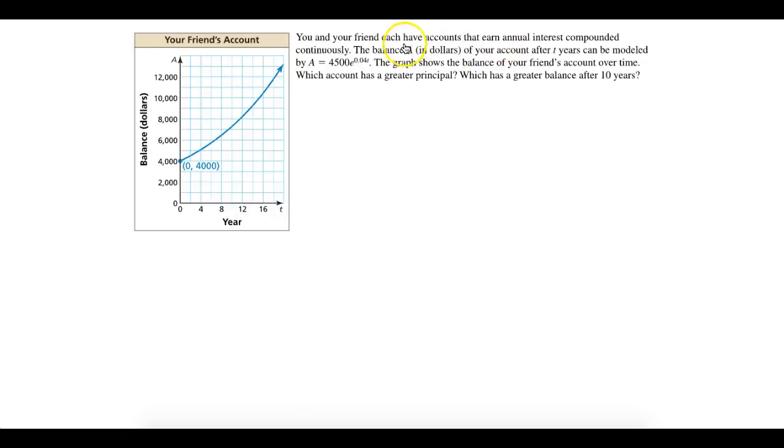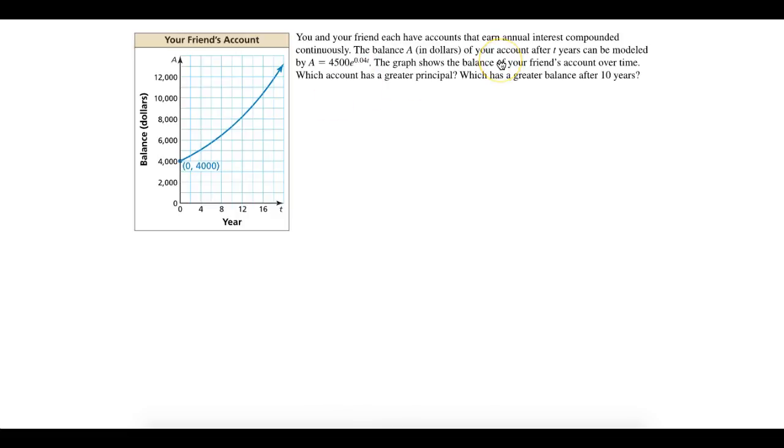We have an equation for our account: our balance can be modeled by A equals 4,500 times e to the 0.4t power. Which account has the greater principal? Which has a greater balance after 10 years?